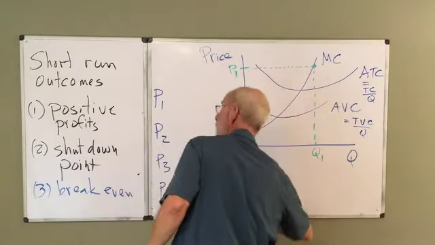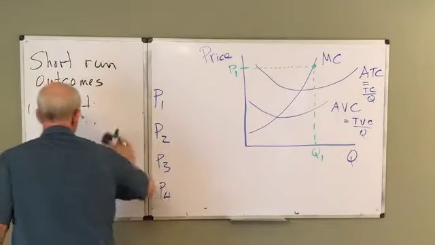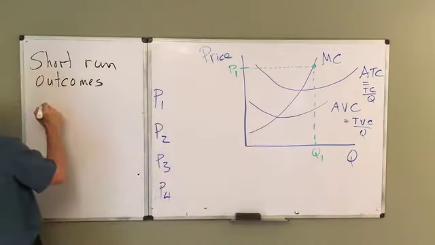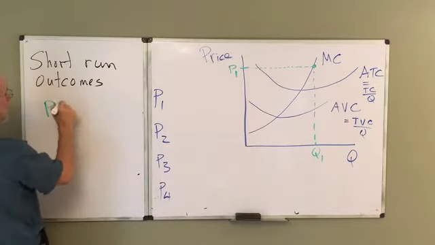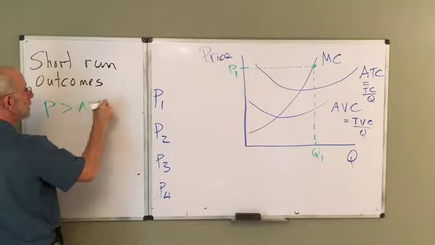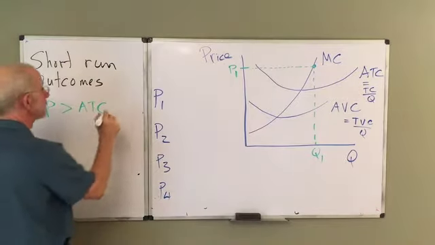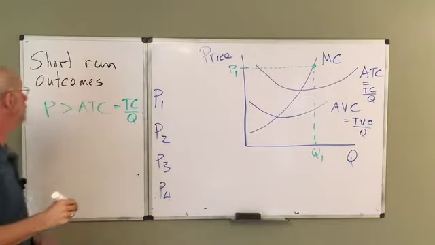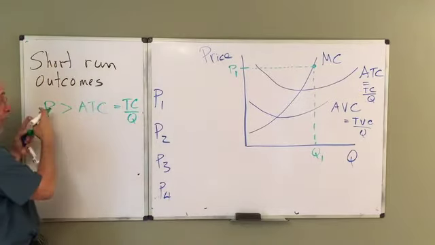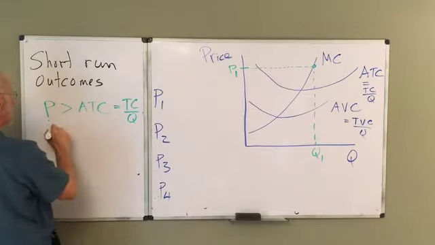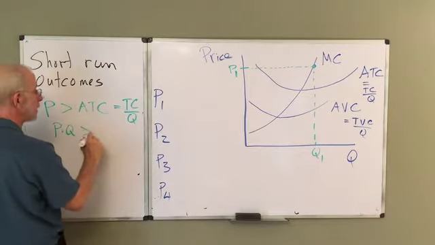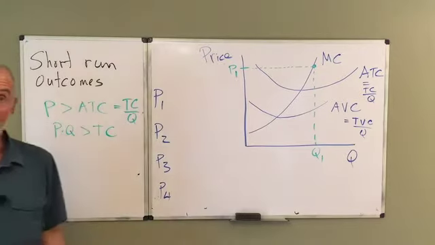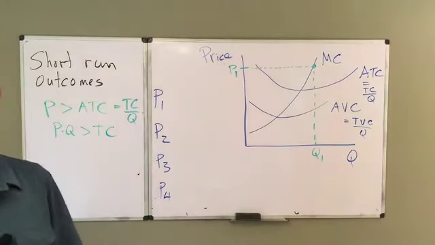Let me do a little bit of math with this. What we have is that the price exceeds the average total cost. That is another way of saying that total cost divided by Q, that's average total cost, the price is greater than that. Well, that's another way of saying the price times quantity is greater than the total cost. At that price, firms are making economic profits.